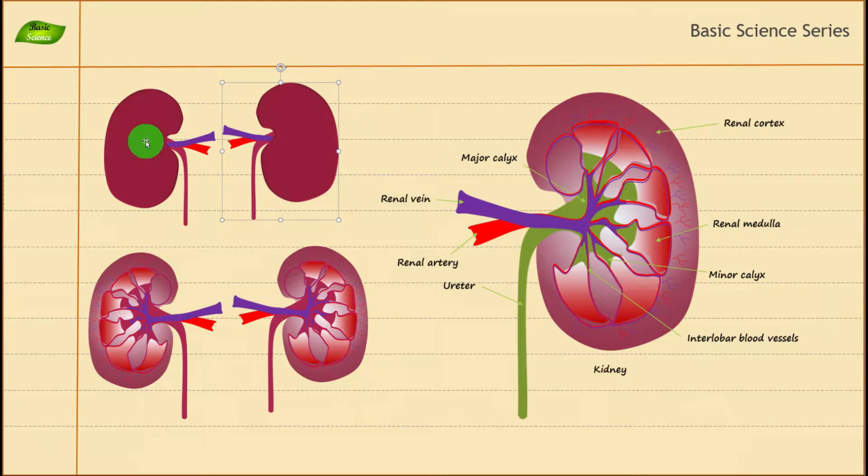And when we discuss kidneys, the first thing that comes into our mind is that these are the organs that are an important part of the excretory system. And you can see here these important tubes that I've designed.